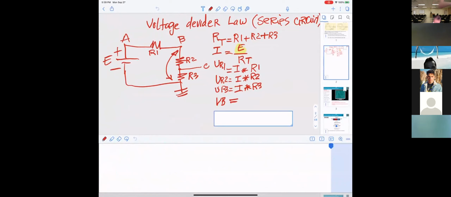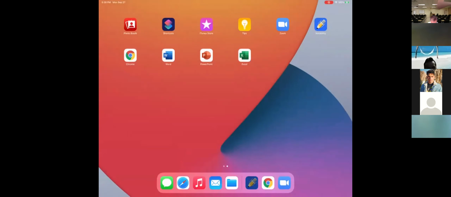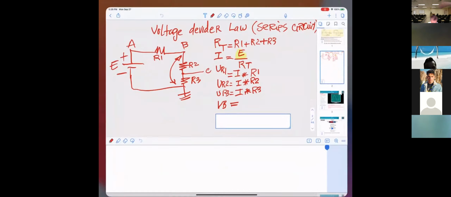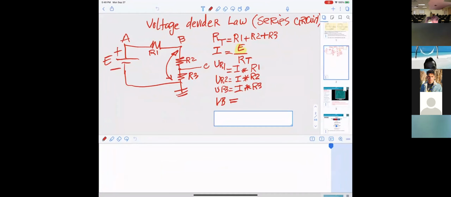How come it screwed up my screen? I don't want this.